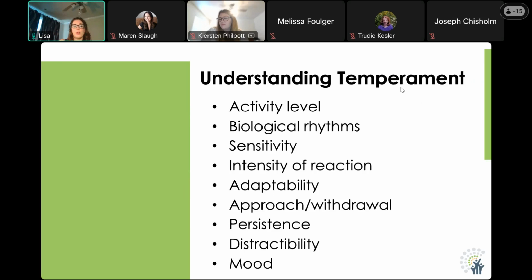So when we think about mood, if they're very, very low on mood, they have more of a negative outlook on life. It's that tendency. Then they may be more likely to experience anxiety or depression.